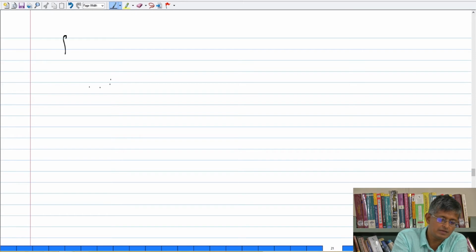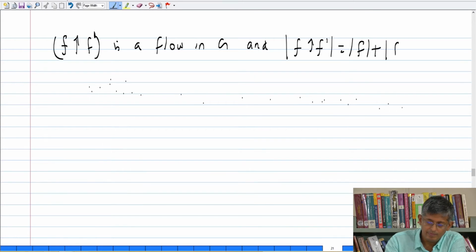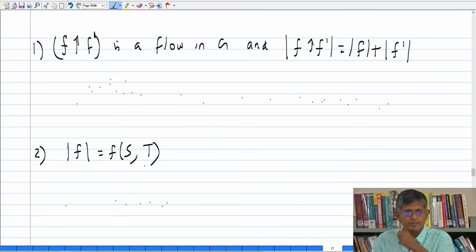We need to argue that this is one thing to prove, and the second thing to prove is that, so both of them are very similar.